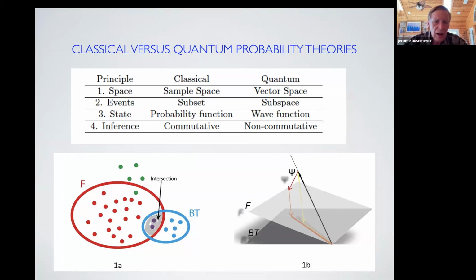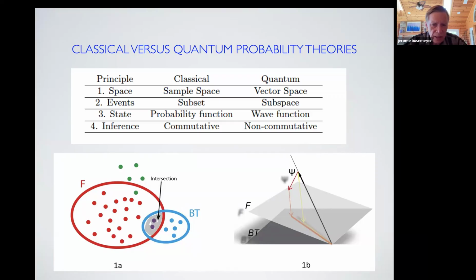But anyway, on the left, all the points represent the sample space. Green, red, and blue is the sample space in our classical model. The red dots are a subset of the sample space, and that's the event F. The blue dots are a subset of the sample space, and that's the other event.